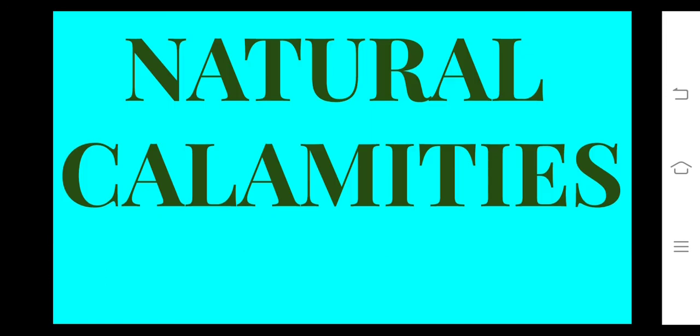Now coming to the community, people are being helped by many different people. When we look around, we know that there are many people helping the community people, especially during natural calamities. What are natural calamities? You already know.